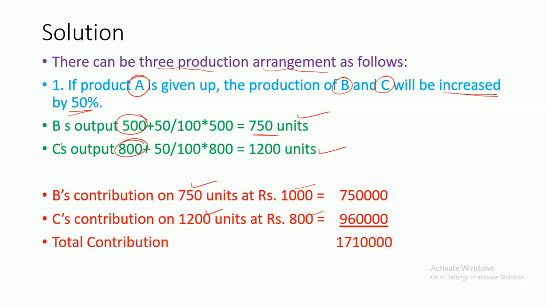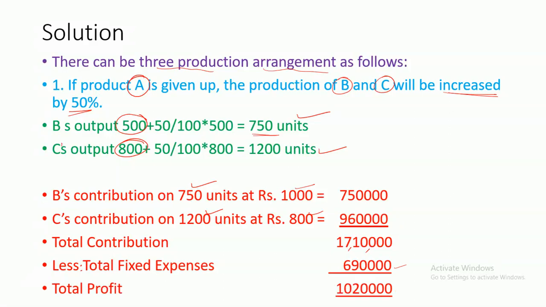So total contribution will be 17,10,000 rupees, and less total fixed expenses. Contribution minus total fixed expenses, which we calculated as 6,90,000, will give you the profit. So when you drop product A, your profit will be 10,20,000 rupees.